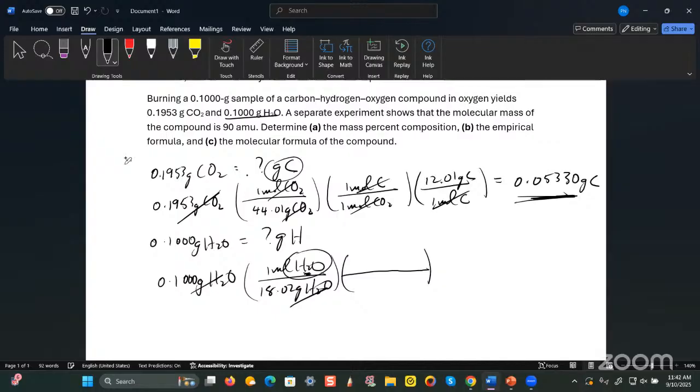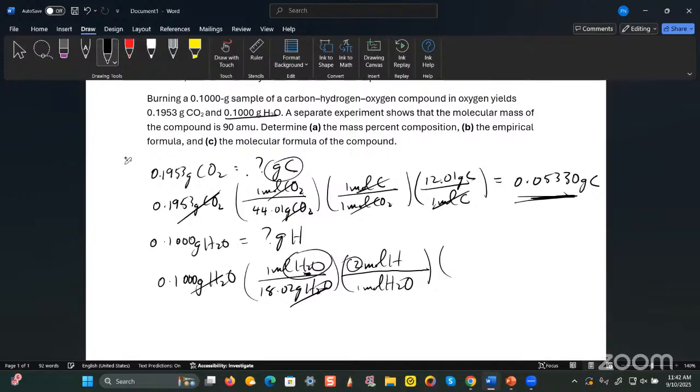So therefore, to convert from moles of water to hydrogen, we need 2 moles of H above and 1 mole of H2O below, right? A common error that students tend to make at this stage is that they forget to put 2 here. They would use 1 right there, right? So please note, make sure that when you're calculating the moles of hydrogen, it's 2 moles of hydrogen for every 1 mole of water.